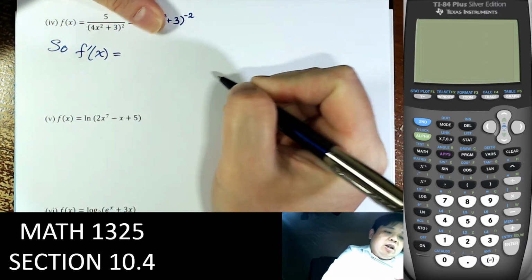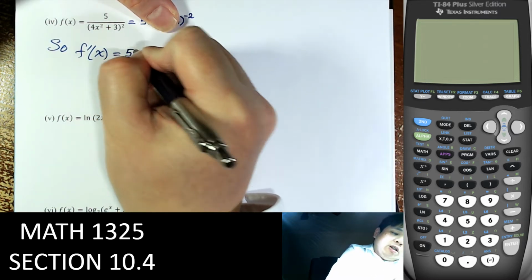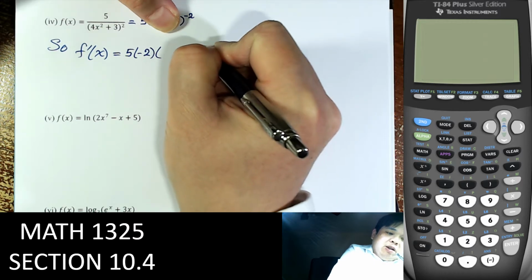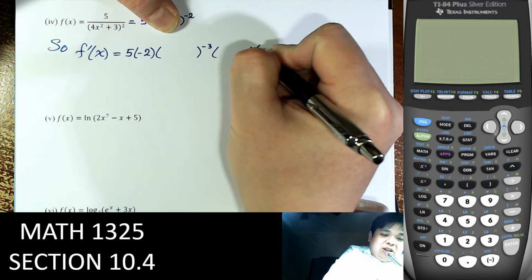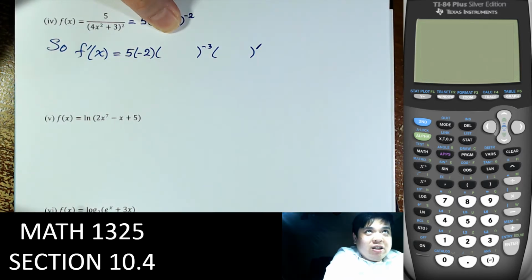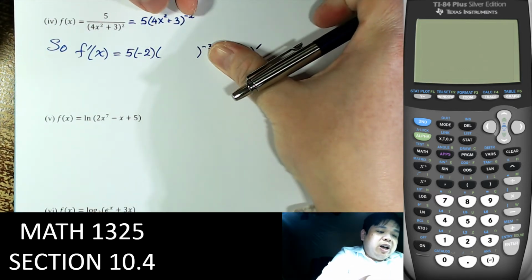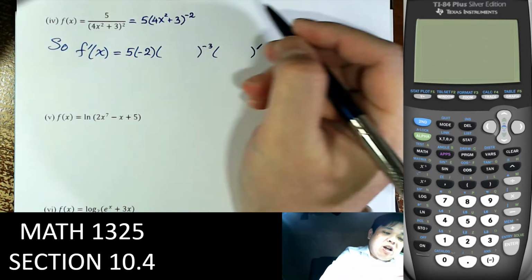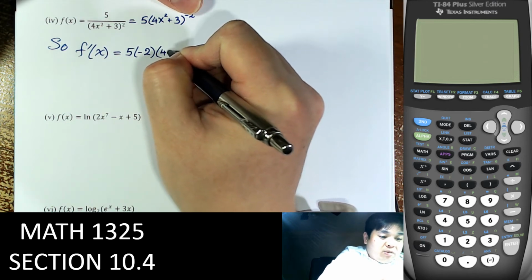Derivative of something to the negative 2: we take down the negative 2, original power minus 1. It doesn't matter what is inside the parentheses. Negative 2 minus 1 is negative 3.